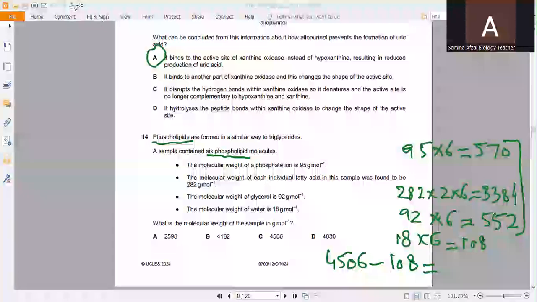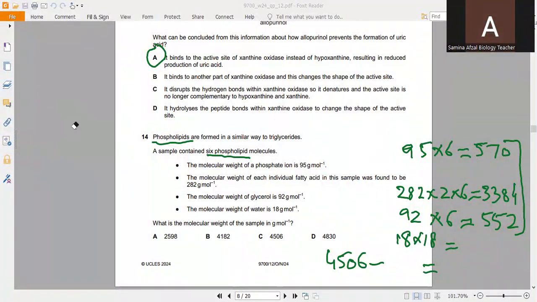Here I have to subtract the 18 water molecules. So 18 multiplied by 18 will be equal to 324.